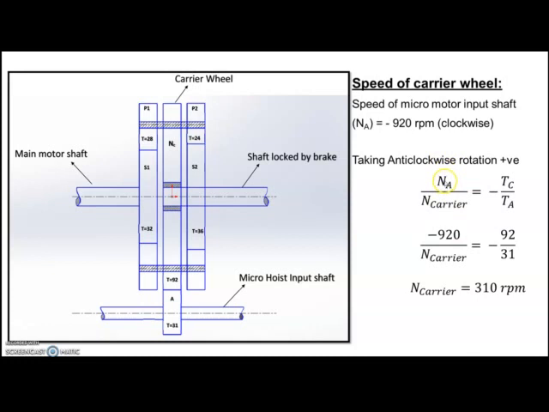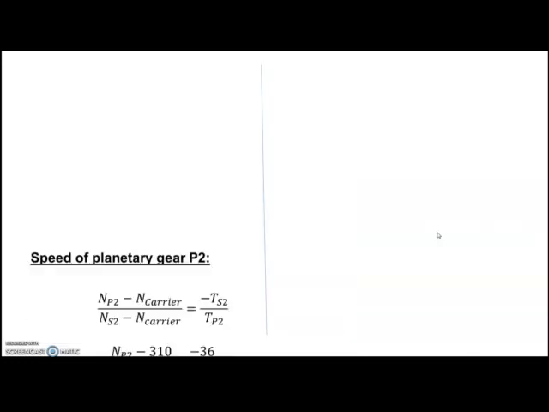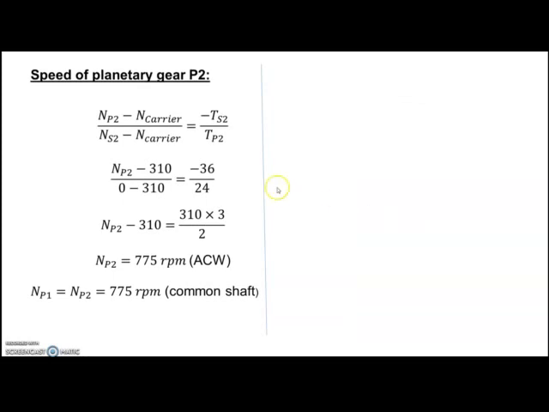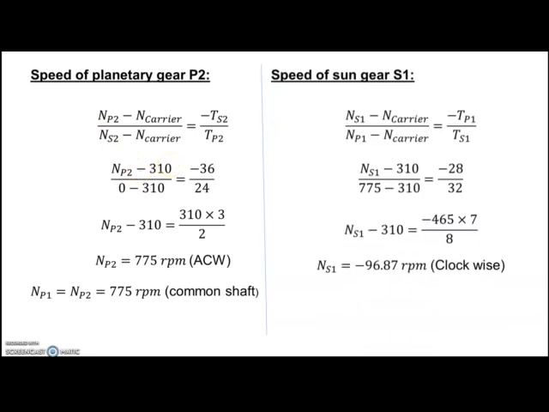With the simple formula N1 by N2 equals T2 by T1, we have found the speed of the carrier. Once the speed of the carrier is known, we can find the speed of the planetary gear, sun gear, as done in the earlier example. So friends, just go ahead with different types of numericals, solve them with this basic approach, and get full confidence on epicyclic gearing.